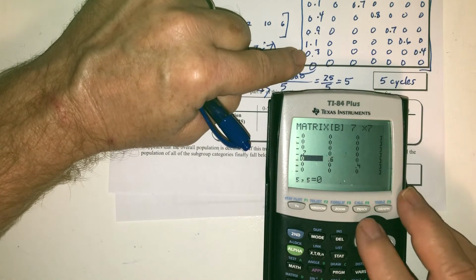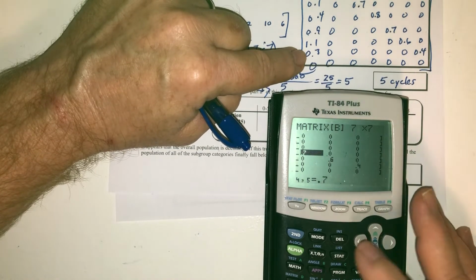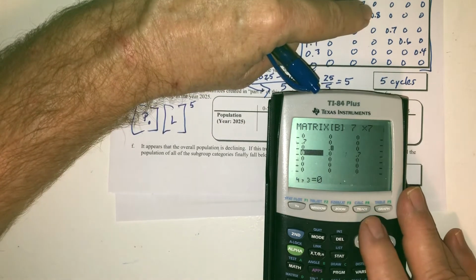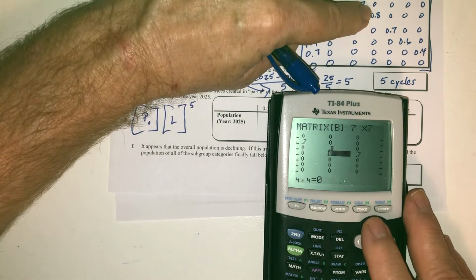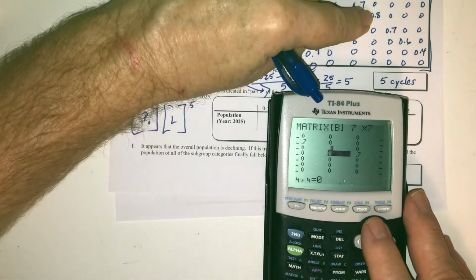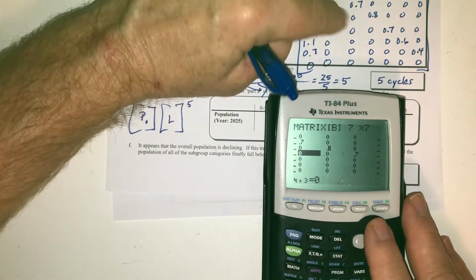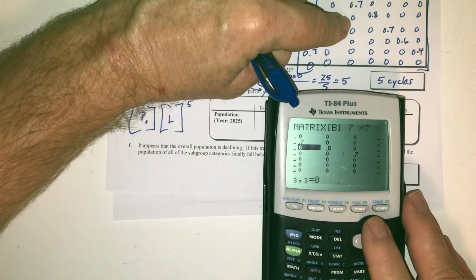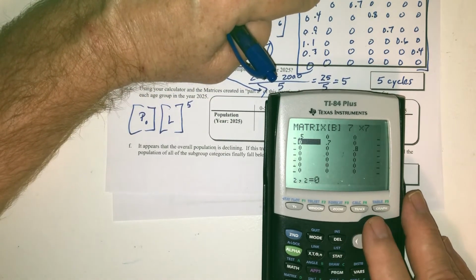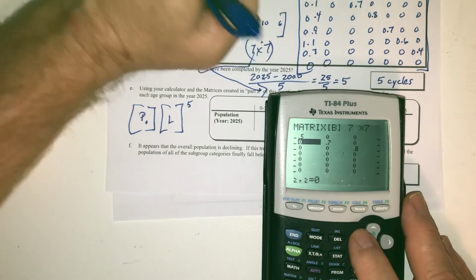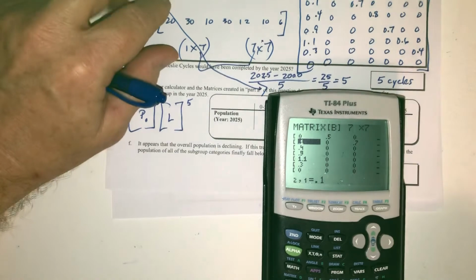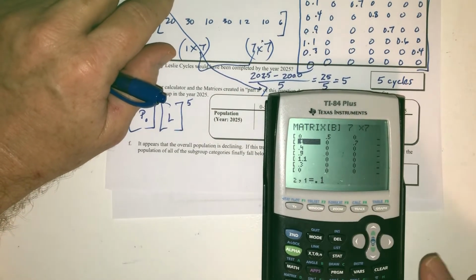Let's go to row 3. We should have 0.7 up here. And this one should have a 0.1 at the top and all zeros below that. And then that should be your survival rate column, and I think we've got all that.